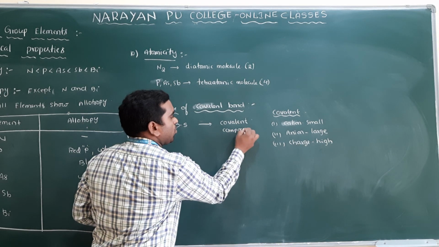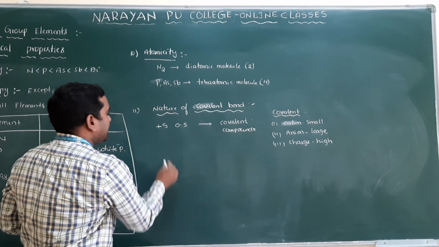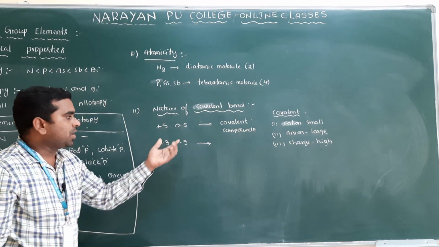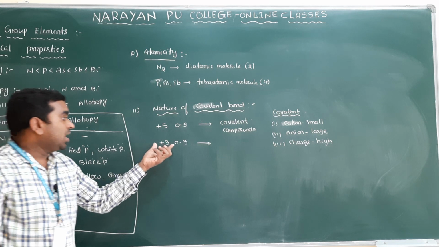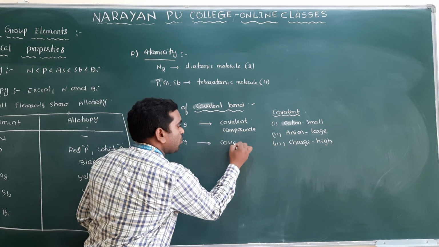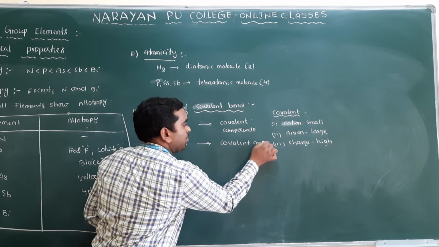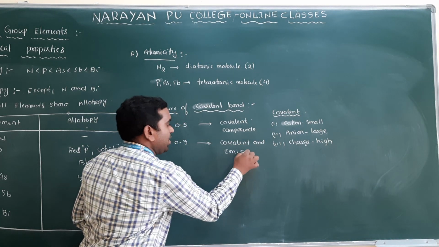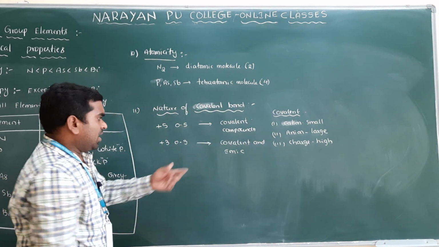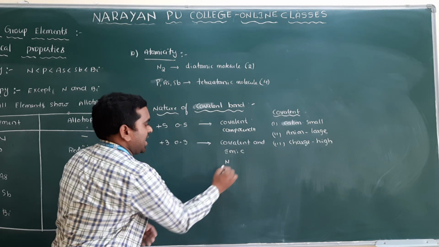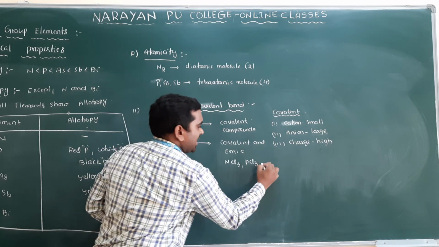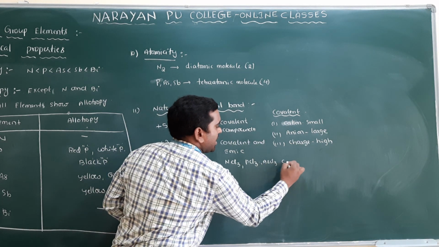But whenever they are in the +3 oxidation state, the compounds of 15th group elements will show both covalent and ionic character. Clear? Suppose I take NCl3, PCl3, AsCl3, these are all covalent.